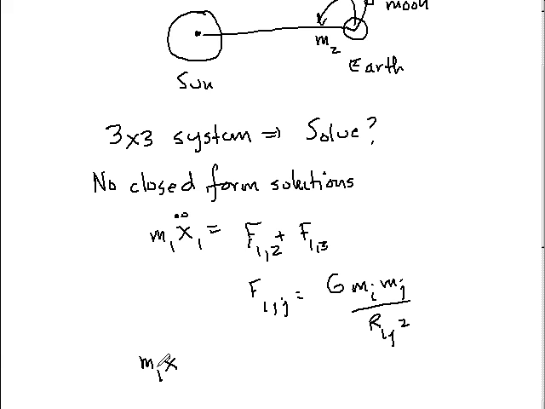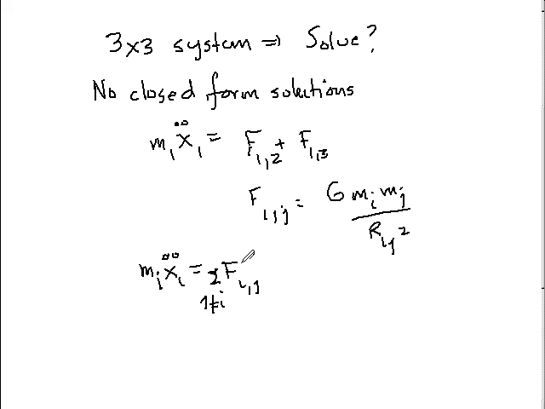In fact, it looks like the force on mi, xi double dot as a vector, is going to be equal to the sum of the forces F i,j, where of course j does not equal i. The reason you don't include j equals i is that a body does not exert force on itself. There is no self-induced gravitational force.